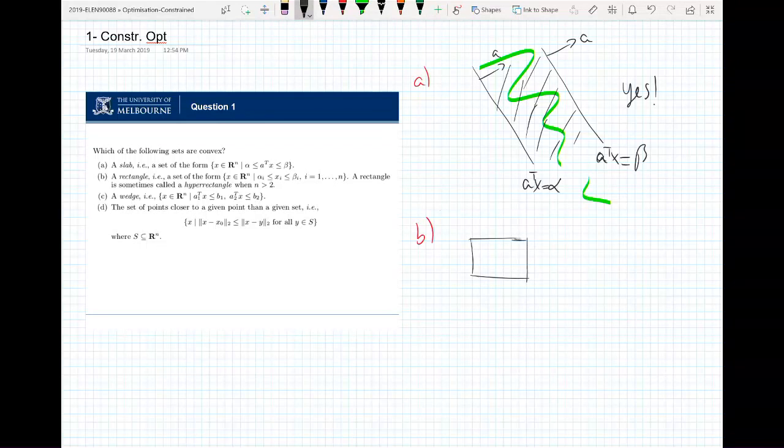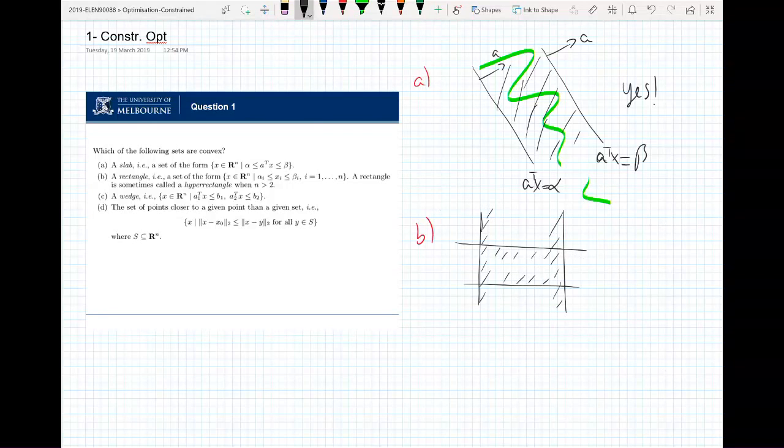So this is actually an intersection of 2 slabs, right? Or you can think of an intersection of 1, 2, how do I show this? So let's do it this way: 1, 2, and then 3, and 4.